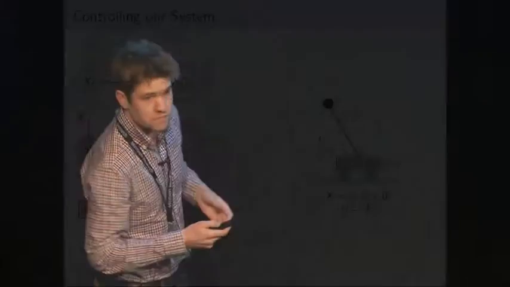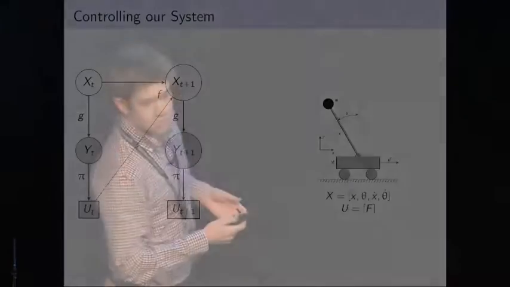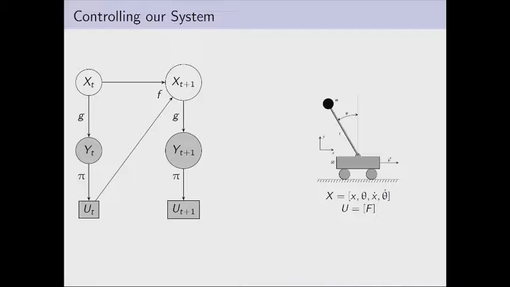So this force, as well as the current state of the dynamical system, will define how the system evolves in the next time step. And that's according to some unknown latent potentially nonlinear function f. And being a time series model, the whole process repeats. Okay, great. So this is how we can control a system.